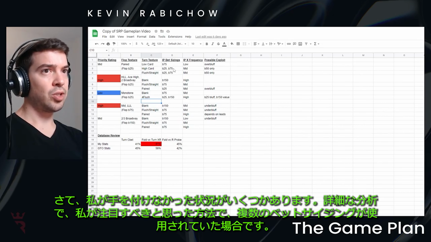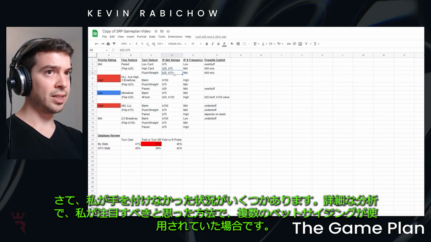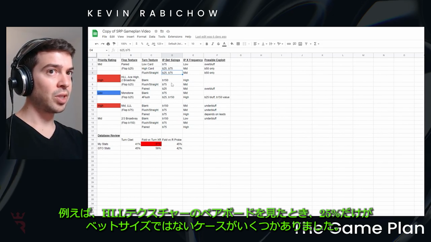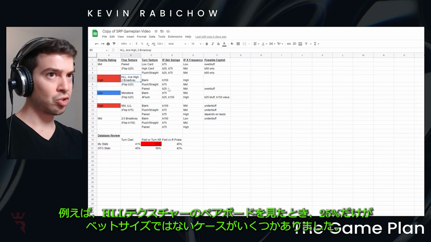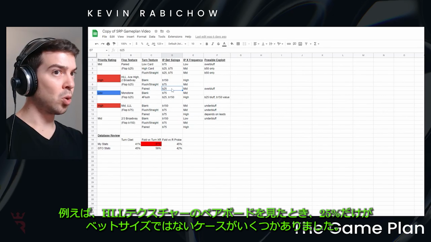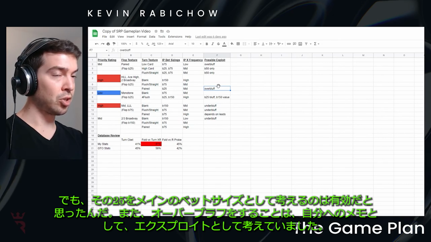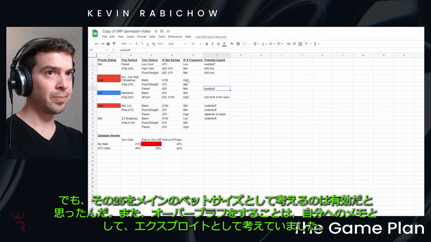Now, there's a couple situations that I didn't get to in the detailed analysis where more than one bet sizing was being used in a way that I thought was noteworthy. There were some cases, for example, when we looked at paired boards on high, low, low texture, where bet 25 was not the only bet size being used, but I thought that it was useful to think about bet 25 as my main bet size, and also thinking about overbluffing that as a note that I made to myself for a possible exploit.